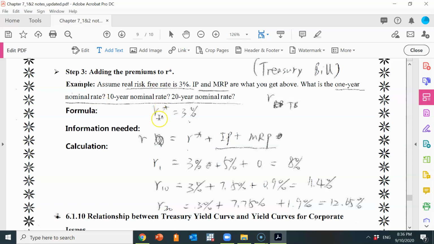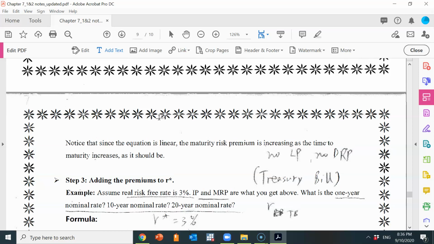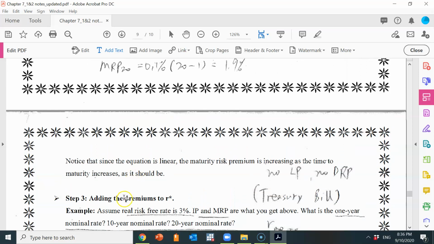Again, please pause this video. Try to refer to step 1 and step 2 results, and please try to calculate the nominal rate for the 1-year, 10-year, and 20-year bond.